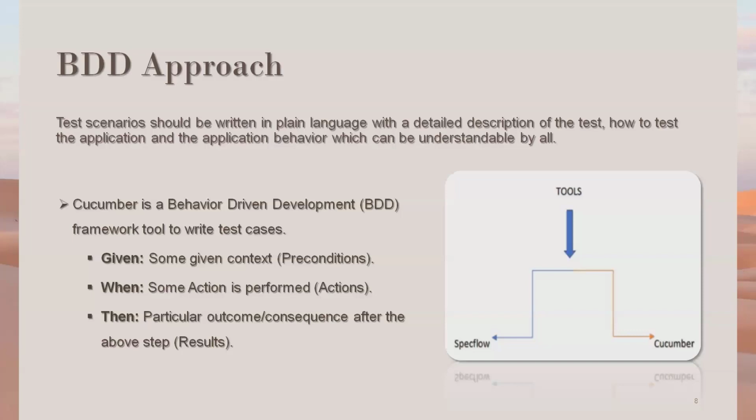So if the username and password is correct, the user will be able to log in and he or she will jump into the main page. So this is one example of elaborating given, when and then conditions. Within that, the BDD approach is built. So tools are one part, and this is a part of the Cucumber framework, and specification flow will work in the BDD approach.